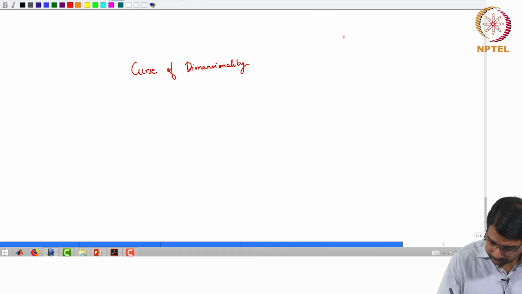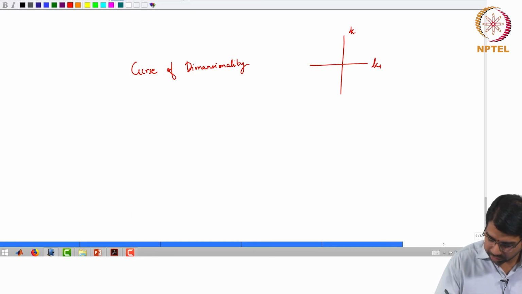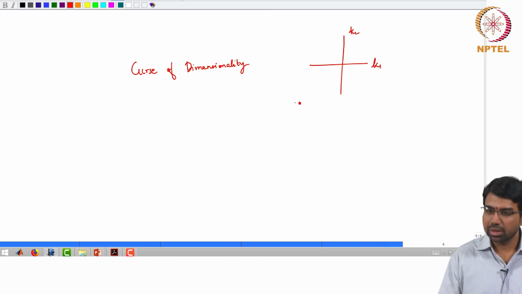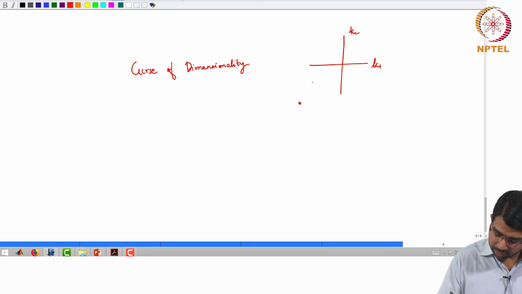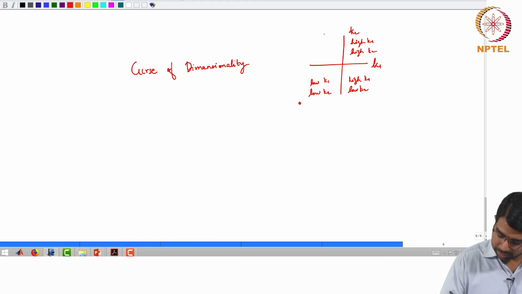So, as a simple example, let us just say this is some k1 and k2, and do not take this as the origin, maybe the origin let us say is somewhere here. So, I would say this is low k1, low k2, and this would be high k1, high k2, and this would be low k2, high k1, and this would be low k1, high k2.